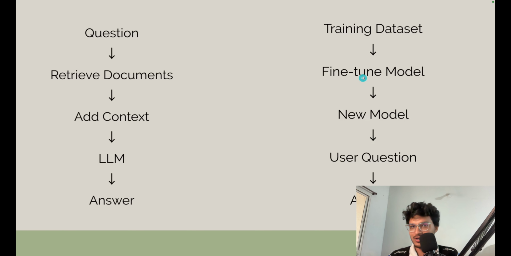You are teaching that model like a student, and we call it a fine-tuned model for your use case. When there is a user question, it just gives the response. Here you don't have to do vector similarity and all, because you have already taught the model, so it will definitely reduce the latency.